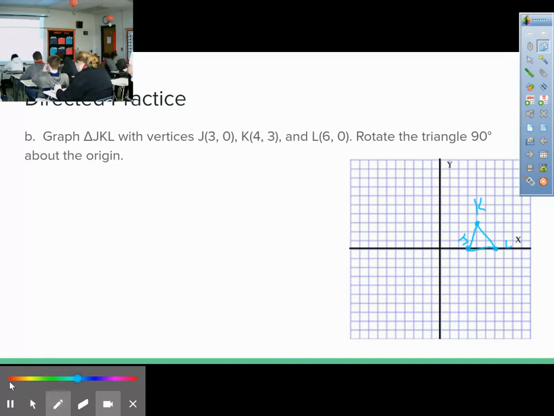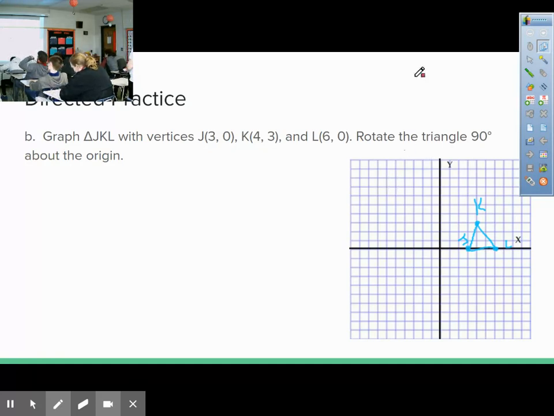So I need to know the rules for 90 degrees. Tyler, what's the rule again for 90 degrees? Look over on the front page and tell me the rules for 90 degrees. Negative b, positive a. Okay, so what did we put down that means?